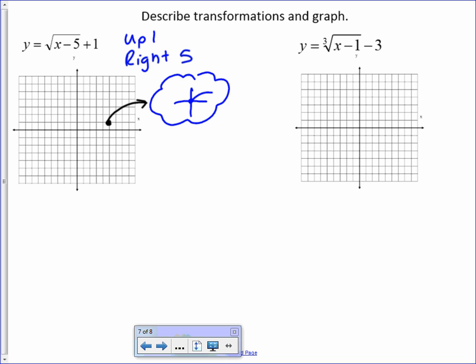Let's talk domain and range. Remember, for square roots, there's a restriction to both. What's the first x that works for domain?